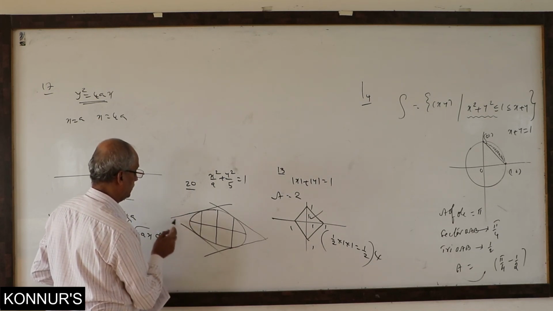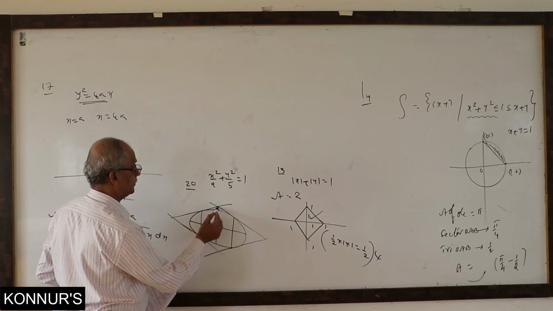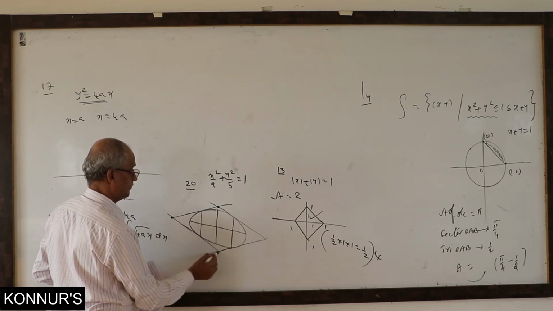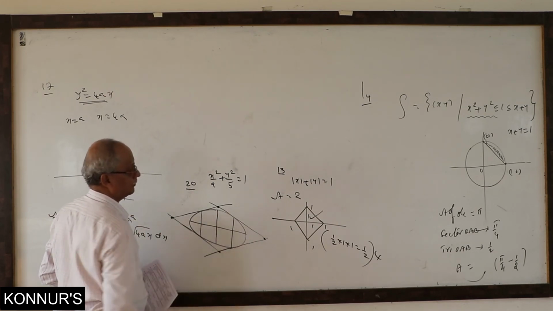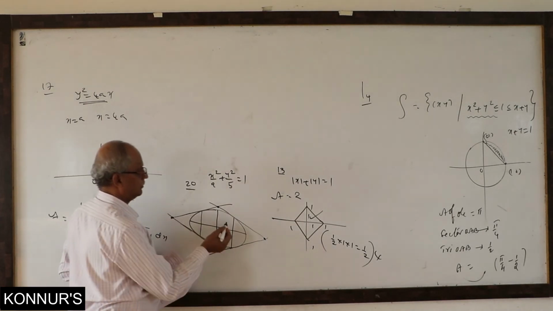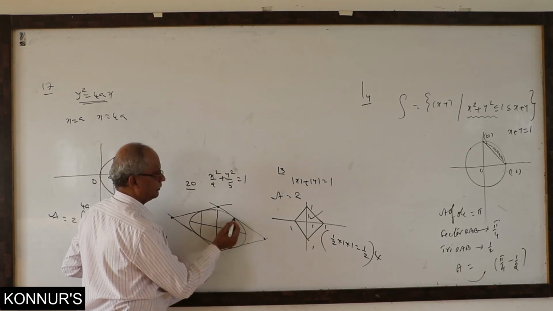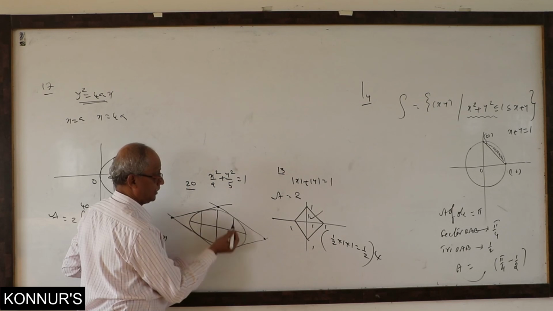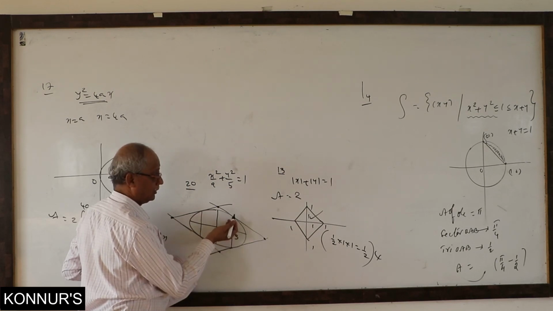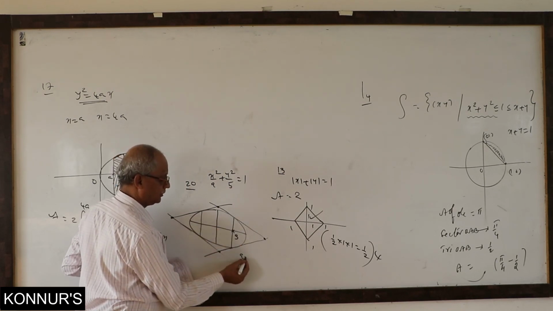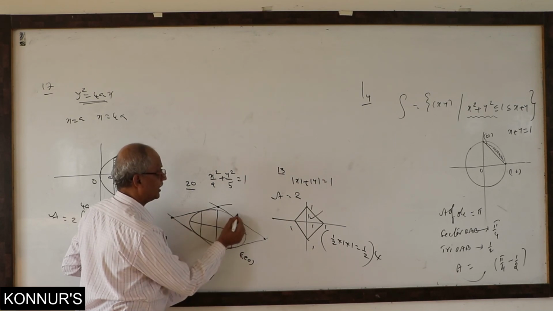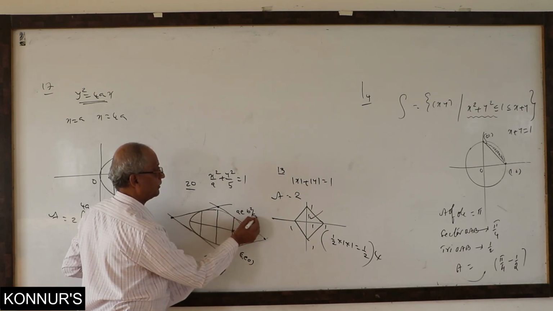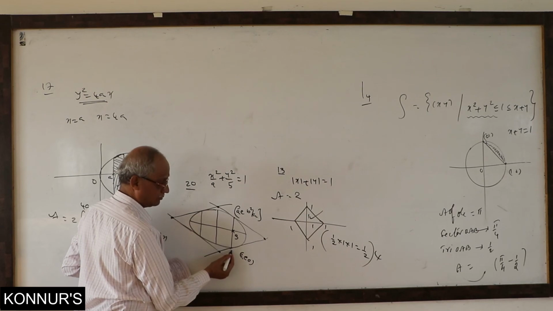Now there is a figure. He is asking for this area. Simple, what you do is find out the geometry only. If not the geometry, you have to give the question. What is the focus coordinate? (ae, 0). What is this point? (ae, b square by a). (ae, minus b square by a).